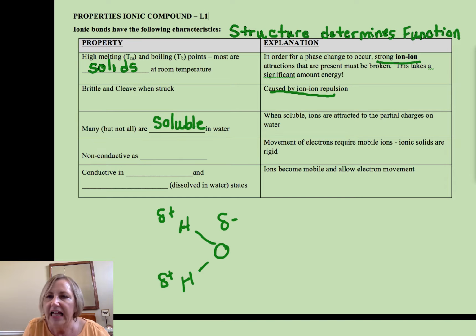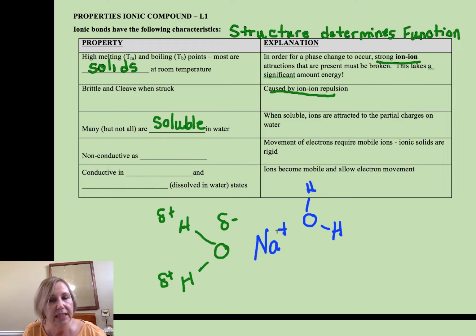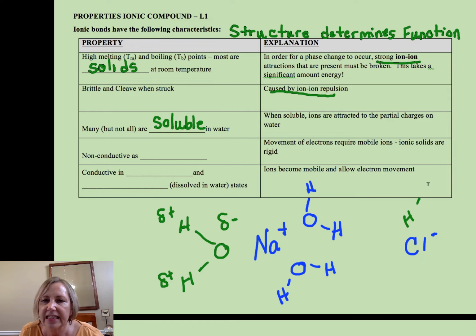So if I had, for example, a sodium ion, a positive sodium ion, the water is going to gather around with the oxygens, right? Because partial negatives attracted to positive. And so I would get waters surrounding the sodium ion. And if I had chloride, then I would get the hydrogen end attracted because the hydrogen's partially positive.